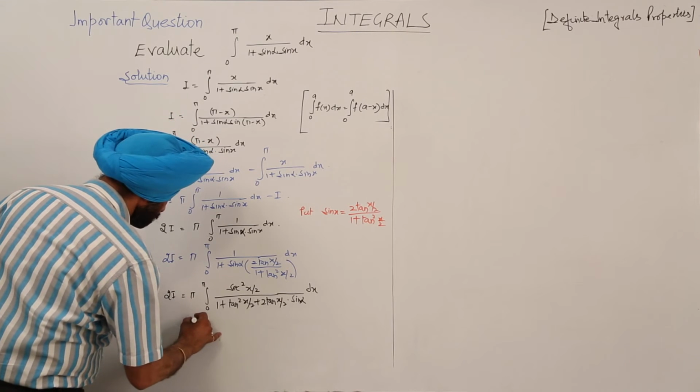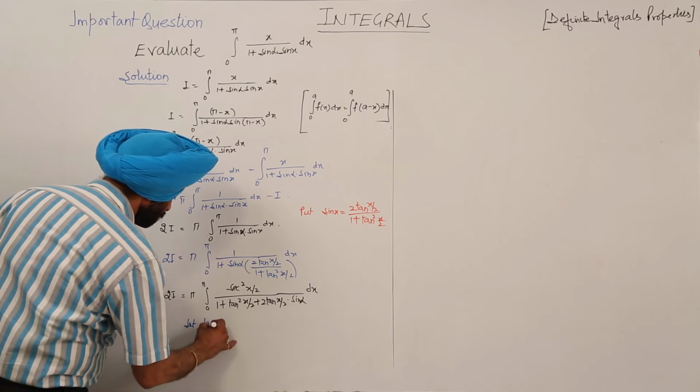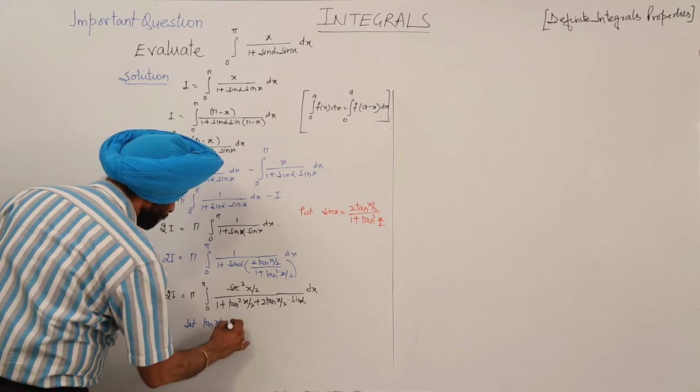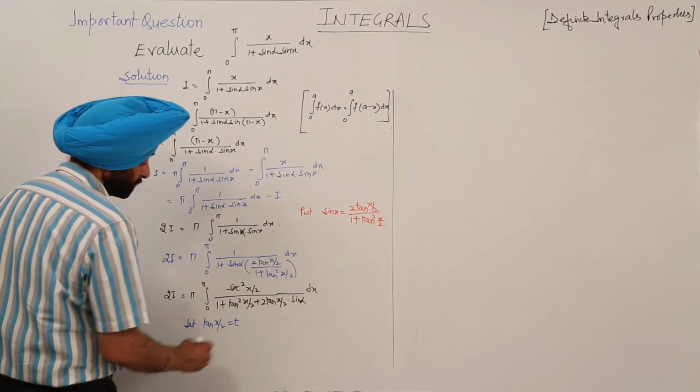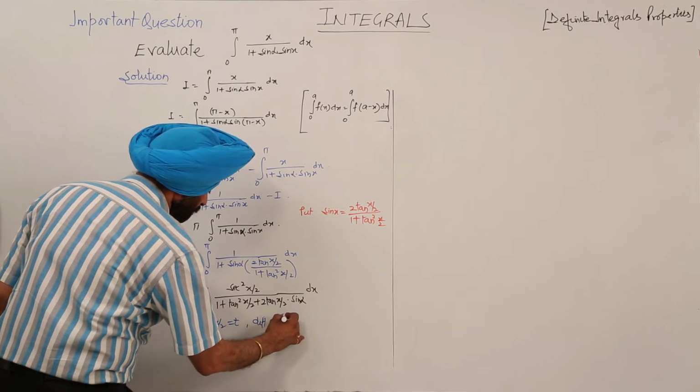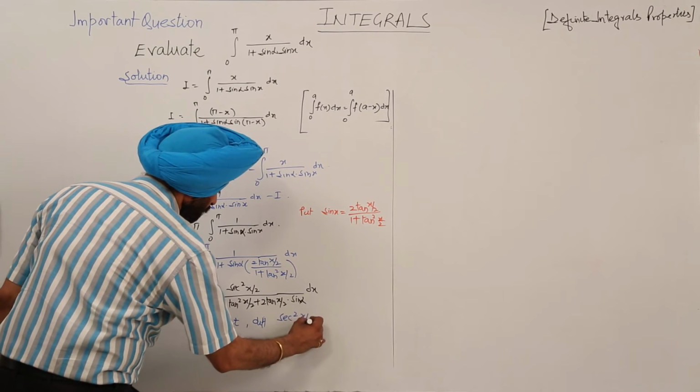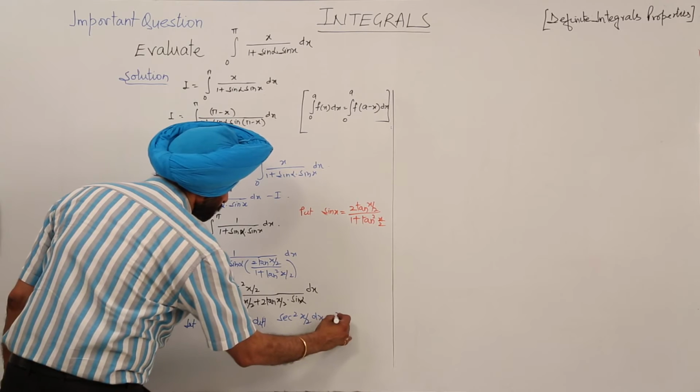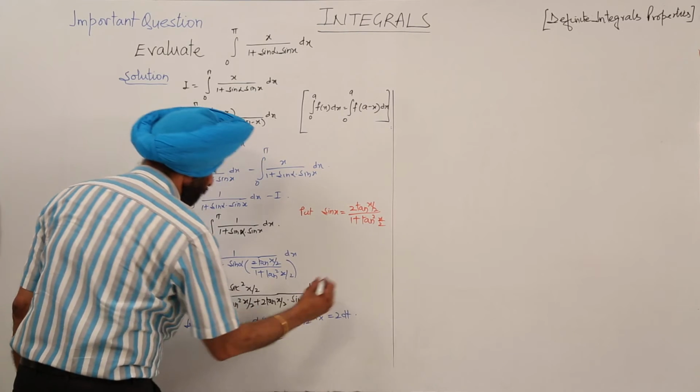Now let tan(x by 2) be equal to t. On differentiating, secant square(x by 2) dx is equal to 2 dt.